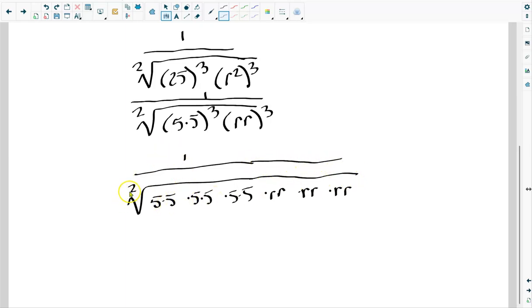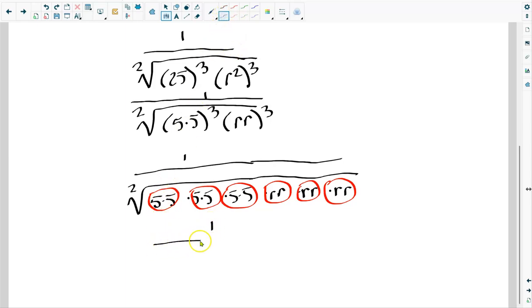So this index now is telling me to circle all the pairs. So I've got 1, 2, 3. These repeat twice, these repeat twice, and these repeat twice.